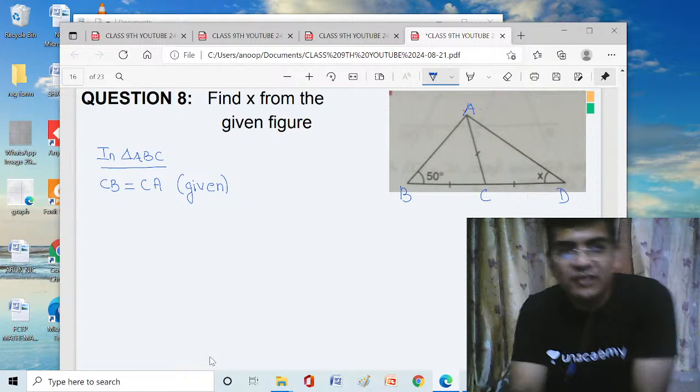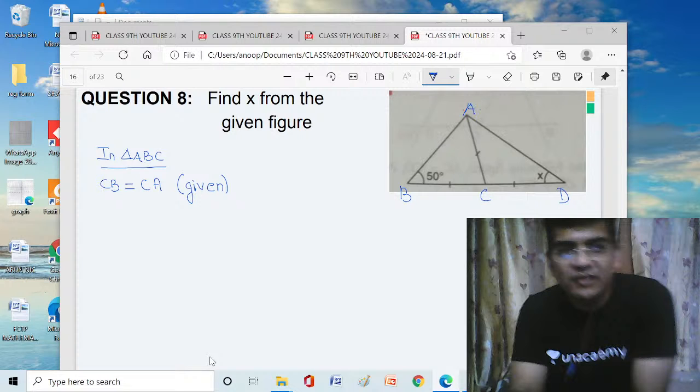So let me name it as P. Now in triangle ABC, the sum of the three angles will be equal to 180. So same triangle, I am saying A, the interior angles B, and the third angle I have marked as P. So their sum will be equal to 180.